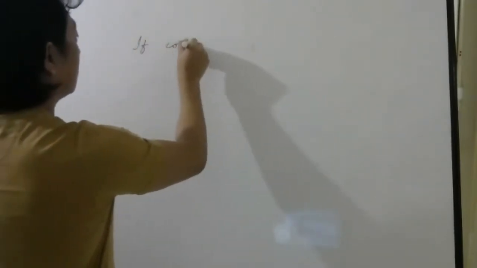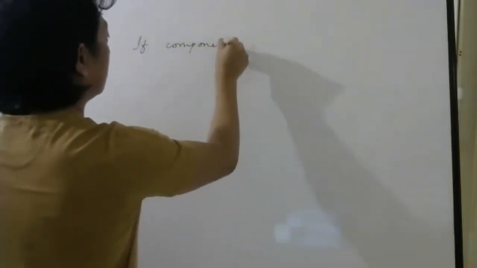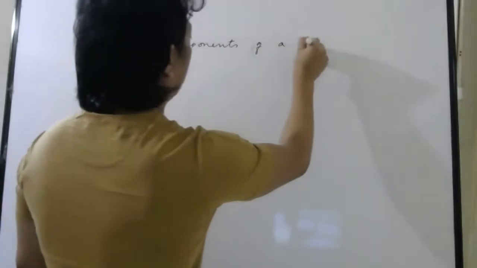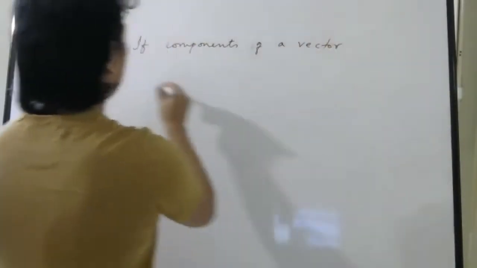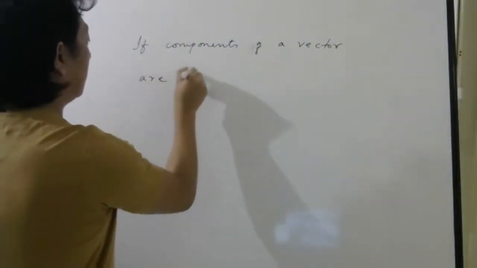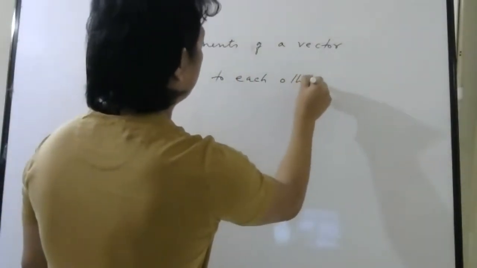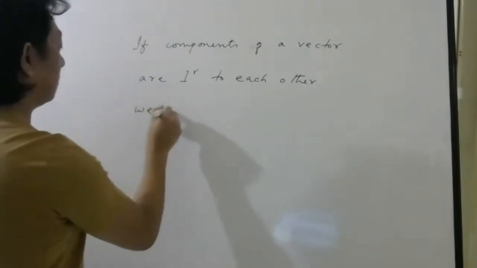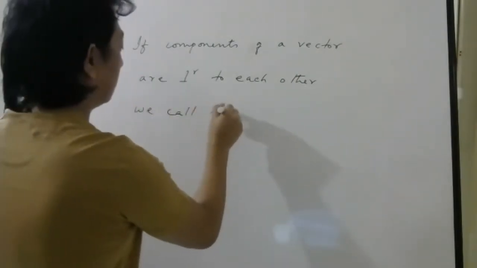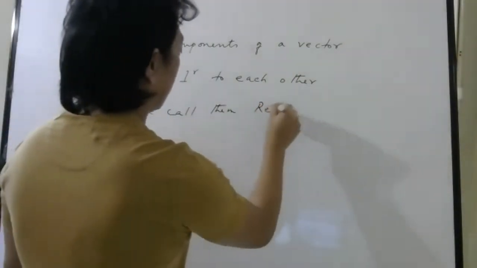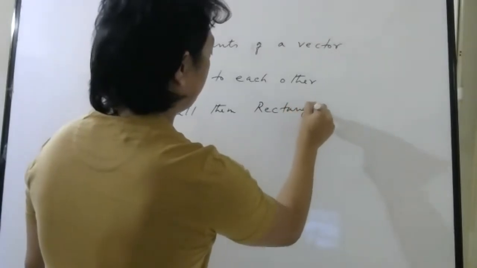So if components of a vector are perpendicular to each other, we call them rectangular components.